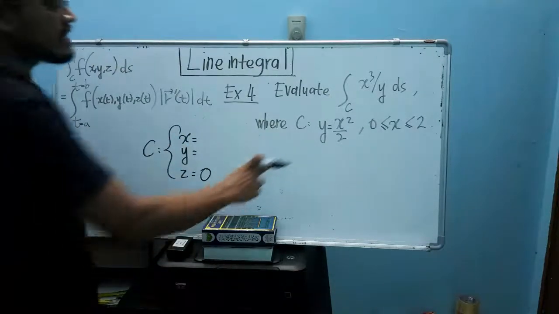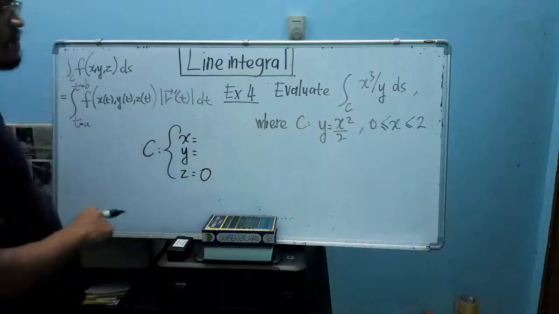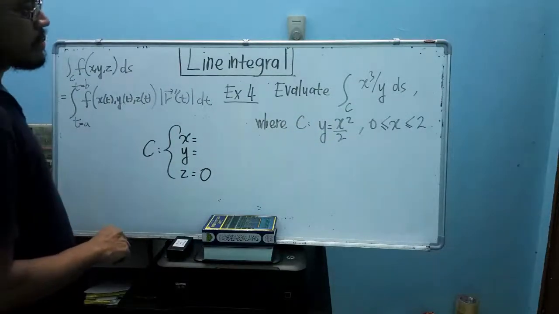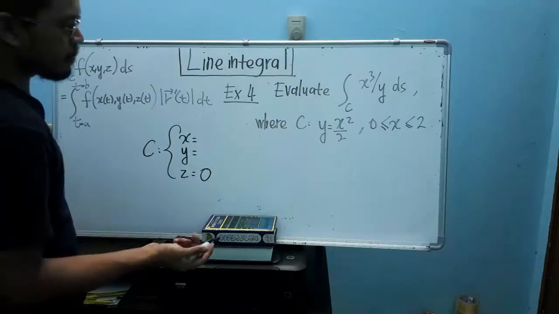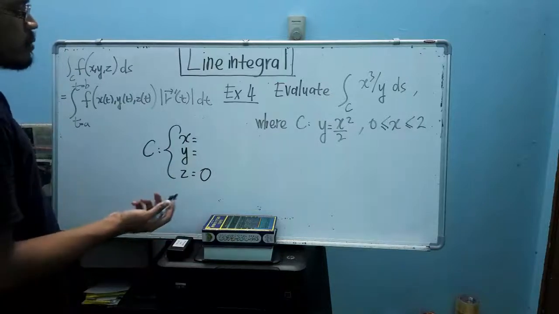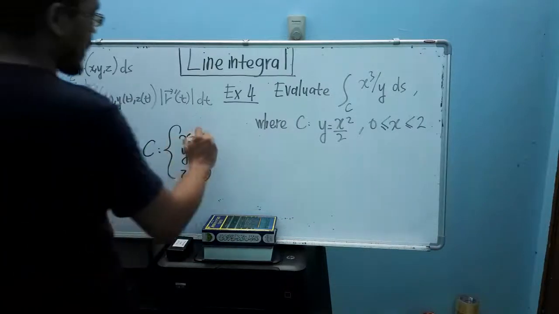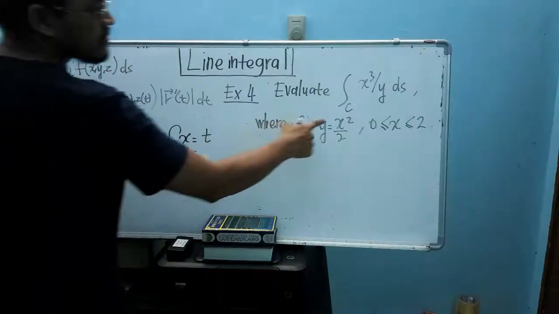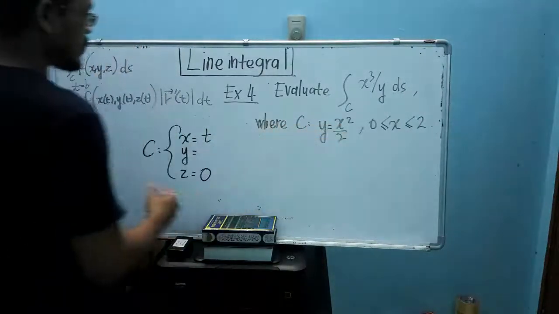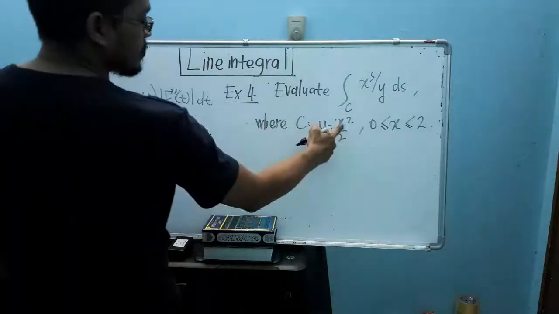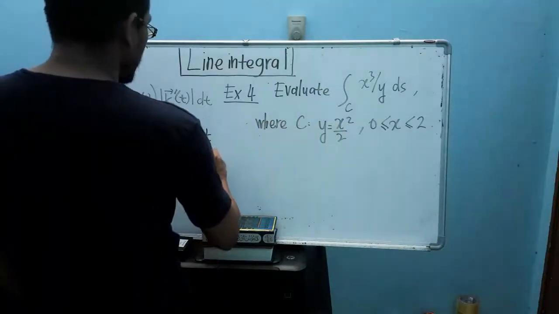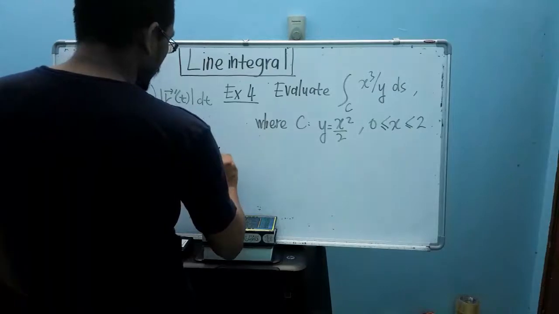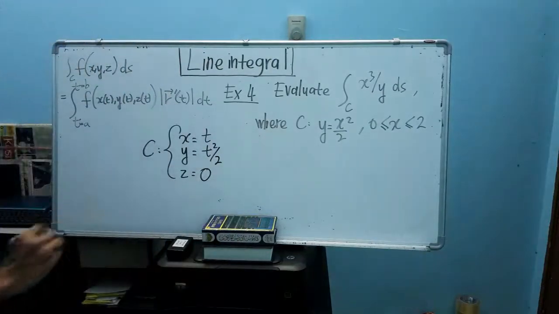Then I will have x and y. This one is just a parabola, a portion of a parabola, so you can find the parametric equation. Our x is equal to t, then my y will be t squared over 2, as I just substitute x equals t.